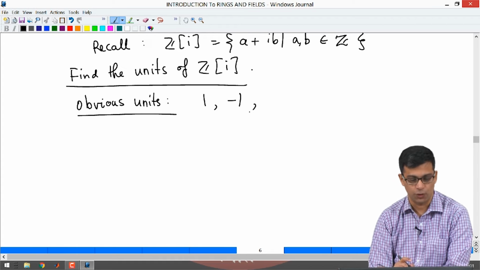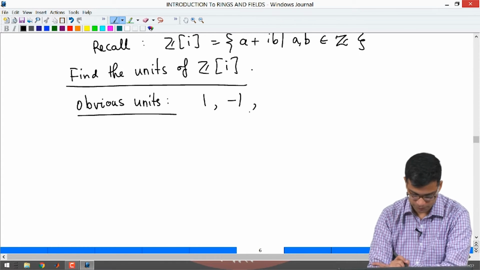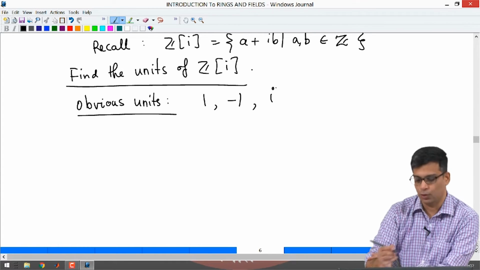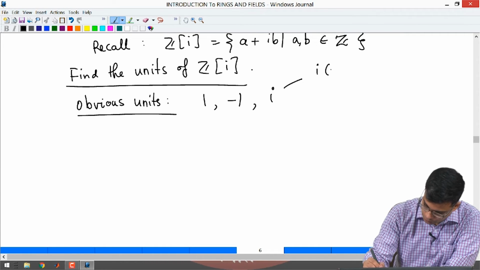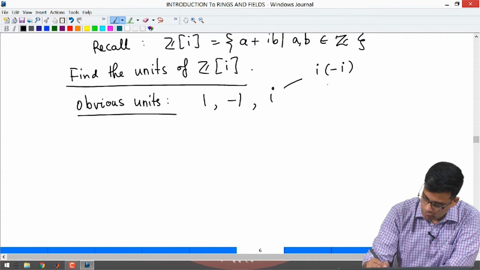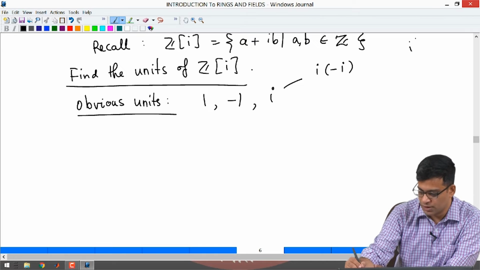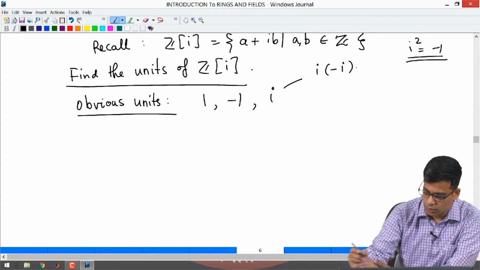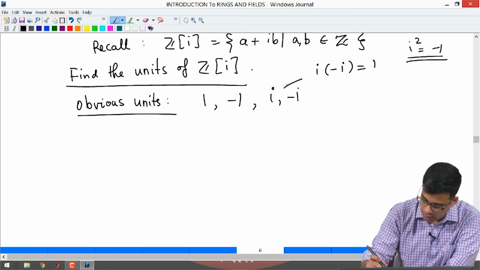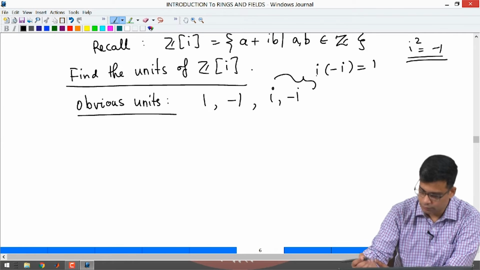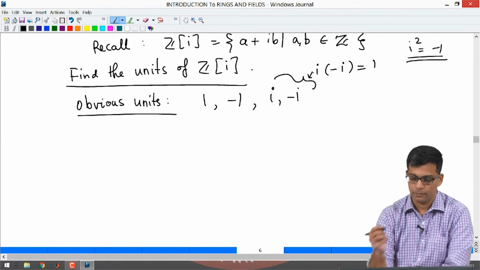There are 2 other obvious units, in fact. I claim i is a unit. Why is i a unit? Because if you do i times minus i, remember i squared is minus 1, so i times minus i is 1. Similarly, minus i is a unit.